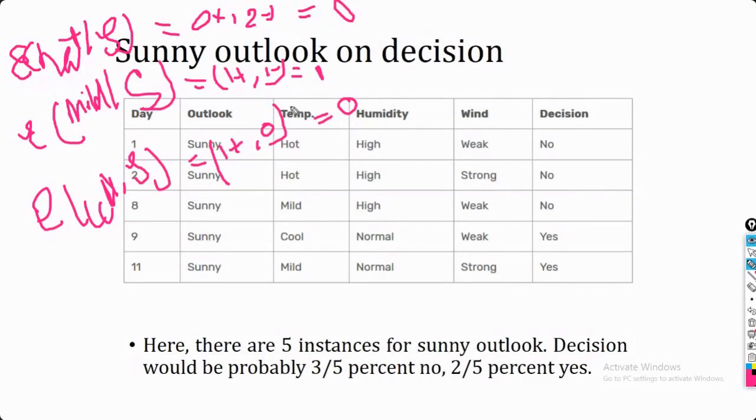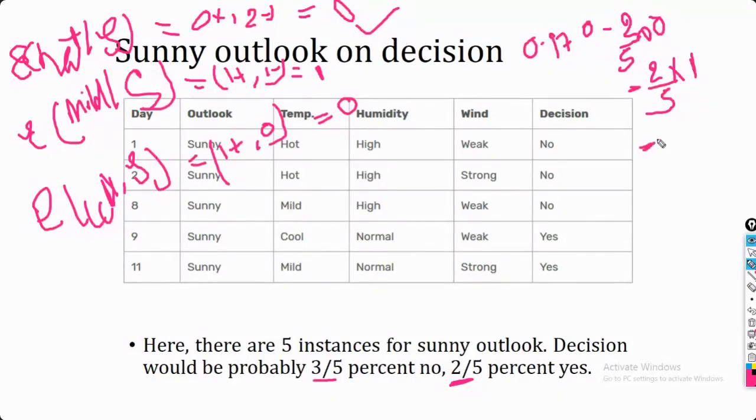Next, what we are going to do is keep this value which we have received, 0.97, minus, out of 5 how many were hot, it was 2 into 0, minus, out of this 5, 2 is mild, and the value we are getting is 1.